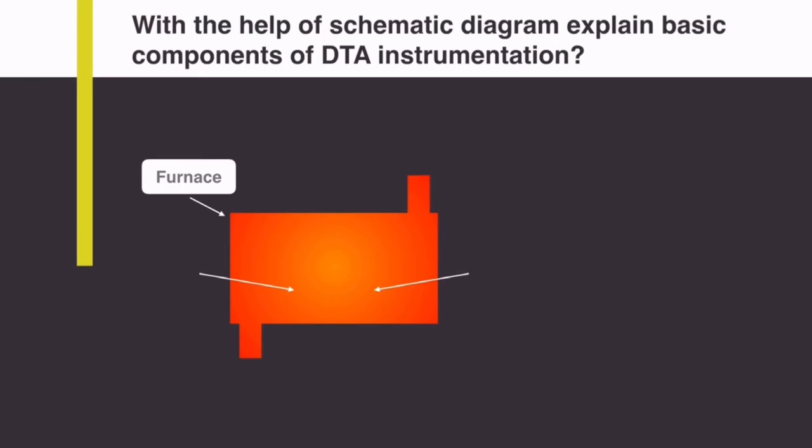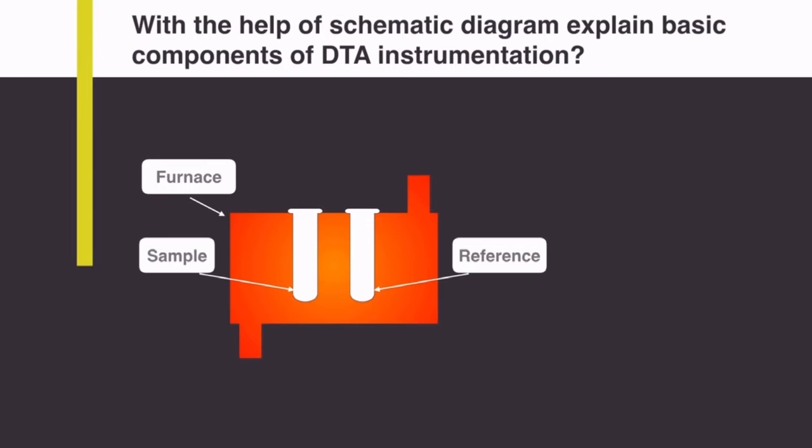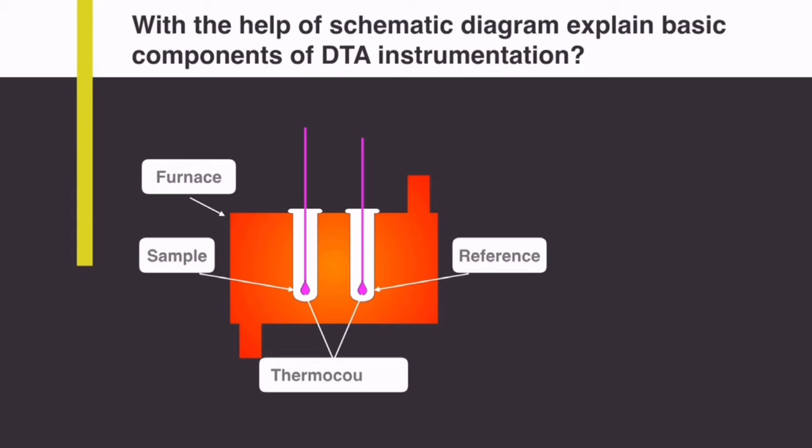Next, two wells of equal size, one for the reference and the other for the sample. The sample is usually alumina. The reference and sample are placed in the wells. Next comes the thermocouple. The temperature of the reference and sample, and the difference between the two temperatures, is measured with the help of a thermocouple, which is a combination of two metal wires.